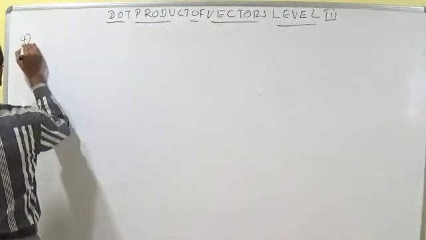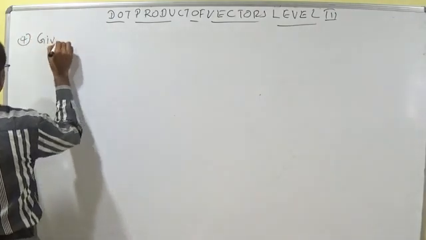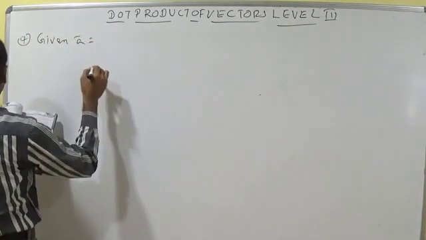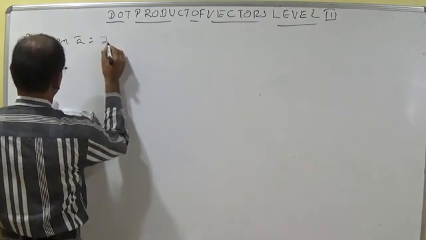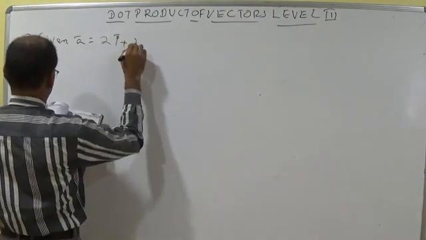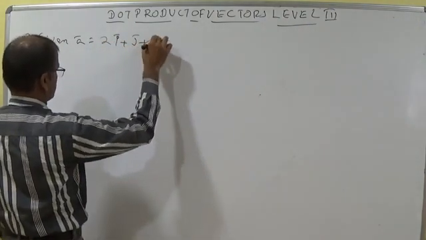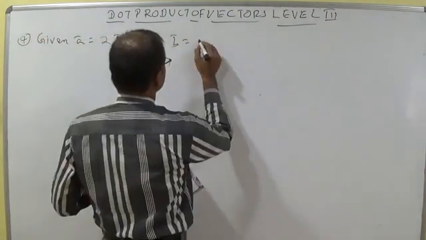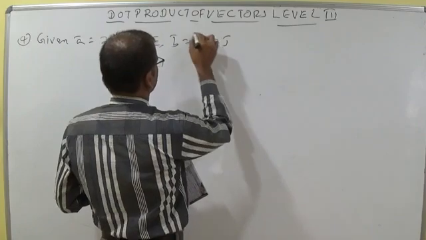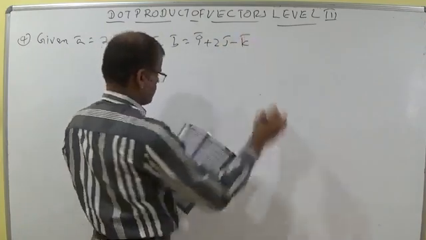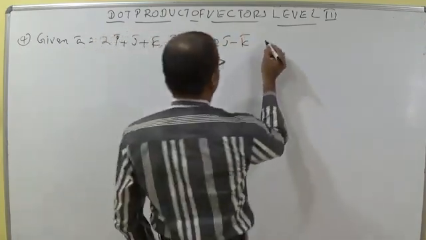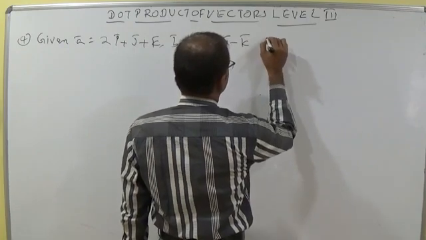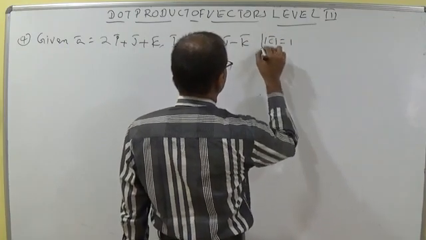Fourth question. I am writing the given values. Given a bar is equal to 2i plus j plus k. That is the vector a bar. b bar is equal to i plus 2j minus k. And a unit vector, mod c equal to 1. This is the given data.